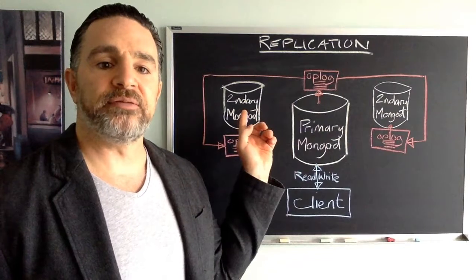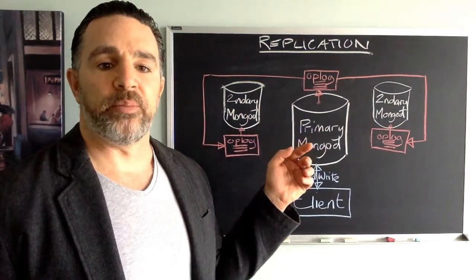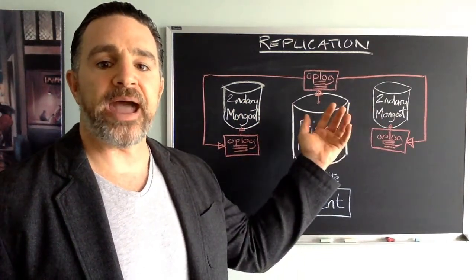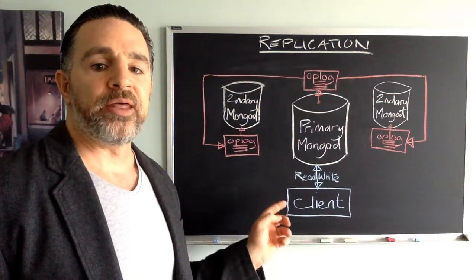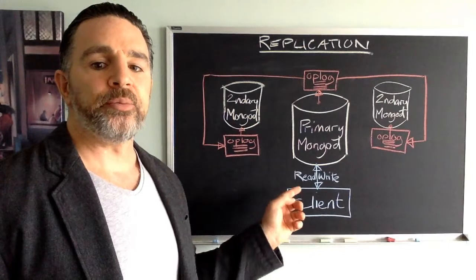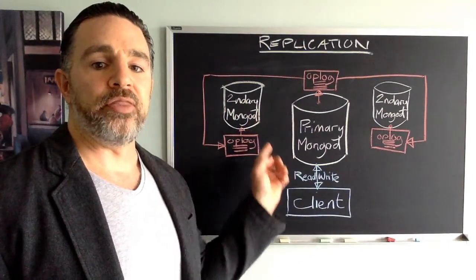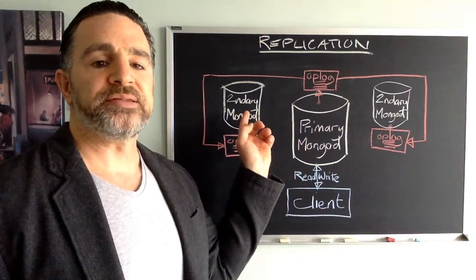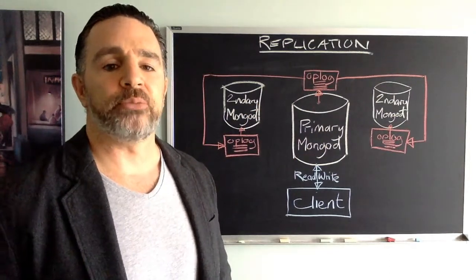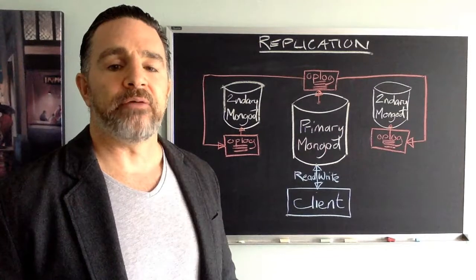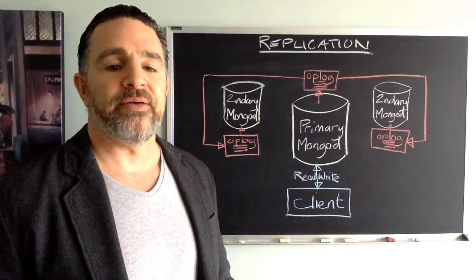So one of your secondary servers will take up the job of being the primary server. So let's say this one went down, this one here would become my primary, then all of my reads and writes would then be going to this new primary server, so my customers don't have any interruption. So that's how replication can maximize availability.